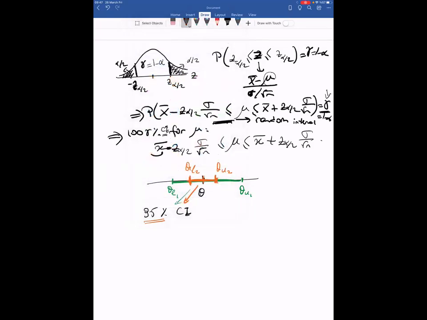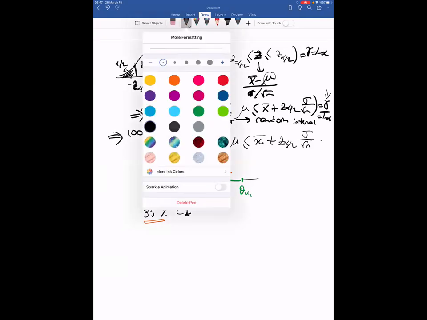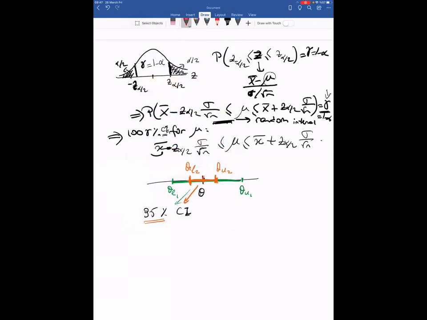So what we have to consider here is the length of this one, let's say L1, and the length of this one, L2.